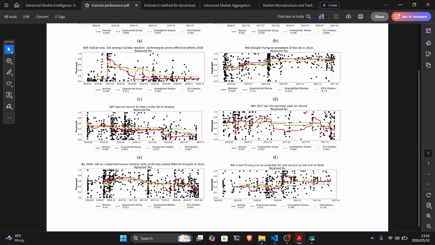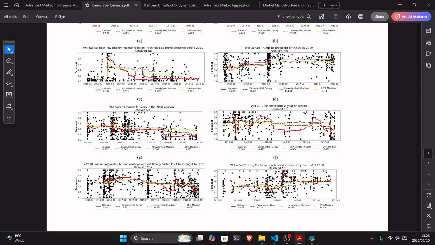Will 2017 be the warmest year on record? Resolved no. Kairosis had a 54% probability. Exponential decay had a 42% probability. Unweighted mean had a 60% probability, and 20% median had a 40% probability. The winner obviously is 20% median.